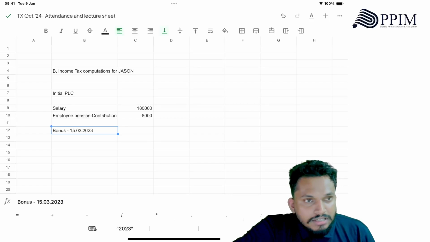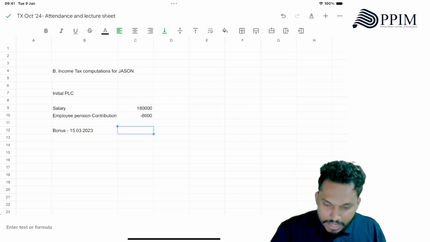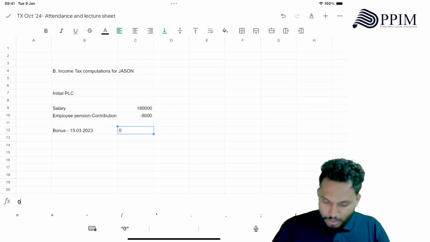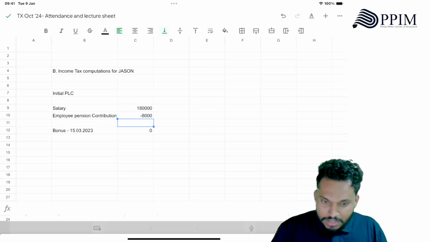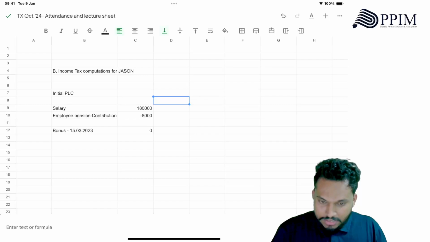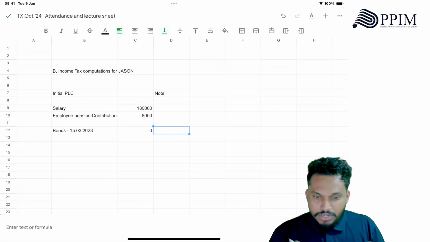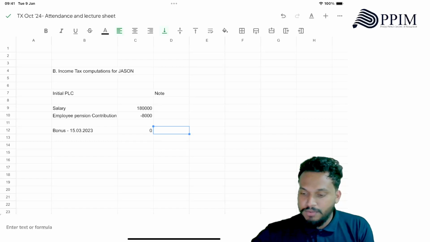Can you take it? No, you can't take it. It is a nil. It doesn't mean that you can't show it. So why am I showing it? I will say to the examiner on the other side a note column. Note. See, I'm structuring my answer so he will be happy.